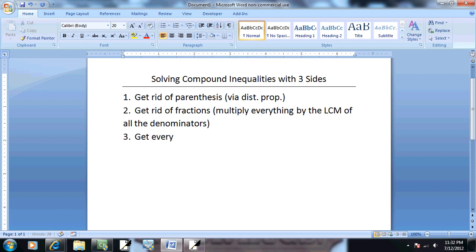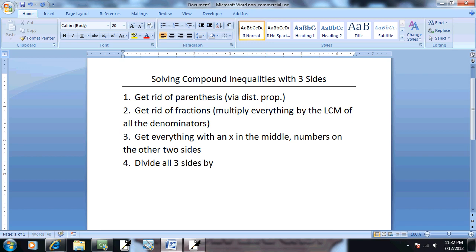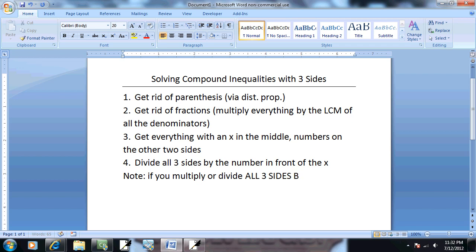Step 3, get everything with an x in the middle. Numbers on the other 2 sides. Step 4, divide all 3 sides by the number in front of the x. And we have a note that says if you multiply or divide all 3 sides by a negative number, flip the inequality symbol.